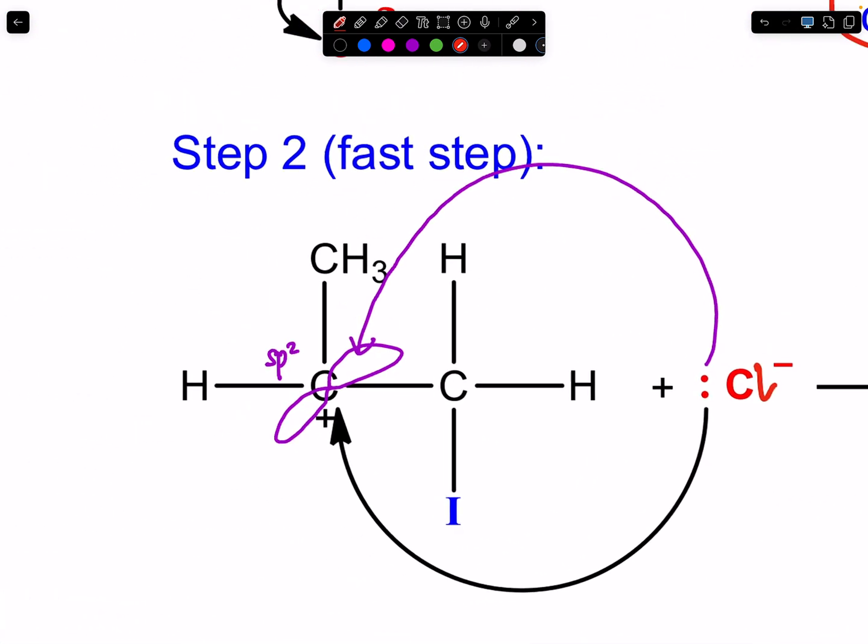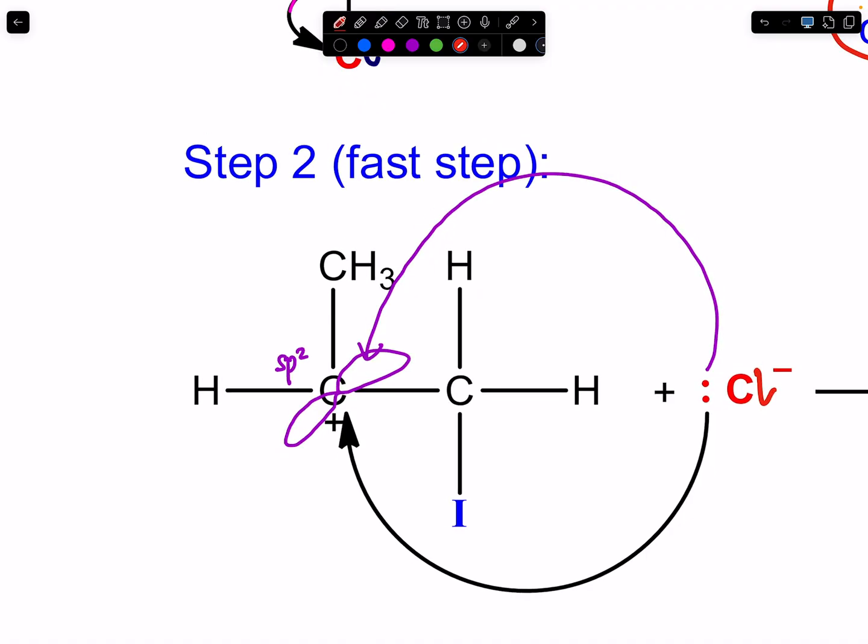Correct? So guys, why is this optically inactive? It is because of the carbocation. The carbocation, guys, is flat, you see. Correct? It is flat like this. So now, because it is flat, you have an unhybridized p orbital, and the lone pair of electrons from Cl minus can be donated from the top or can be donated from the bottom in equal probability, right? So if it's donated from the top, that basically means that you are going to produce one enantiomer.